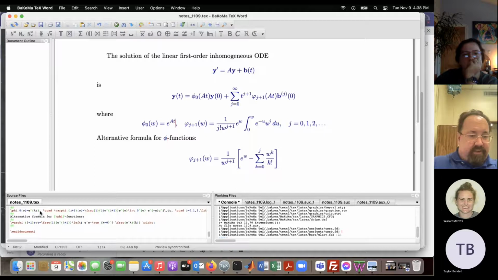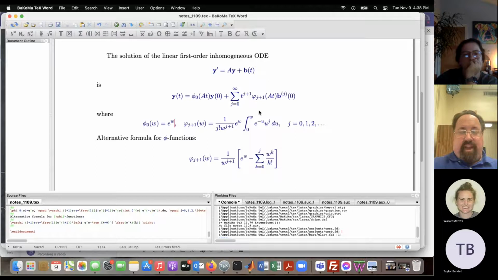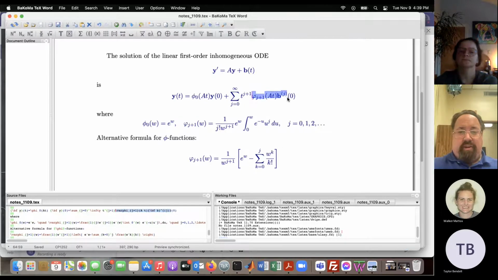So here we just have e to the At. Substituting At here for w is kind of a pain, but you don't need to use this formula. You can instead use this one to describe these higher order φ functions that are included here.